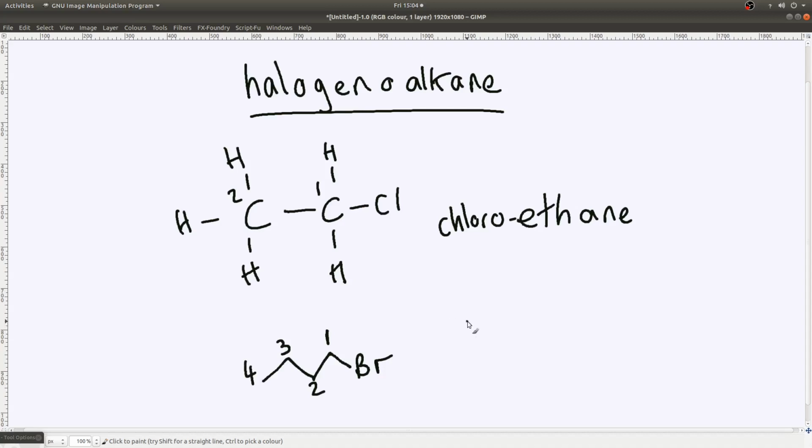So what we have here, 1 bromine, and we've got 4 carbons. So that's 1 bromobutane. Now if it was an iodine instead of a bromine, we would call it iodobutane rather than bromobutane. So there you go. Chloro if it's chlorine, bromo if it's bromine, iodo if it's iodine.